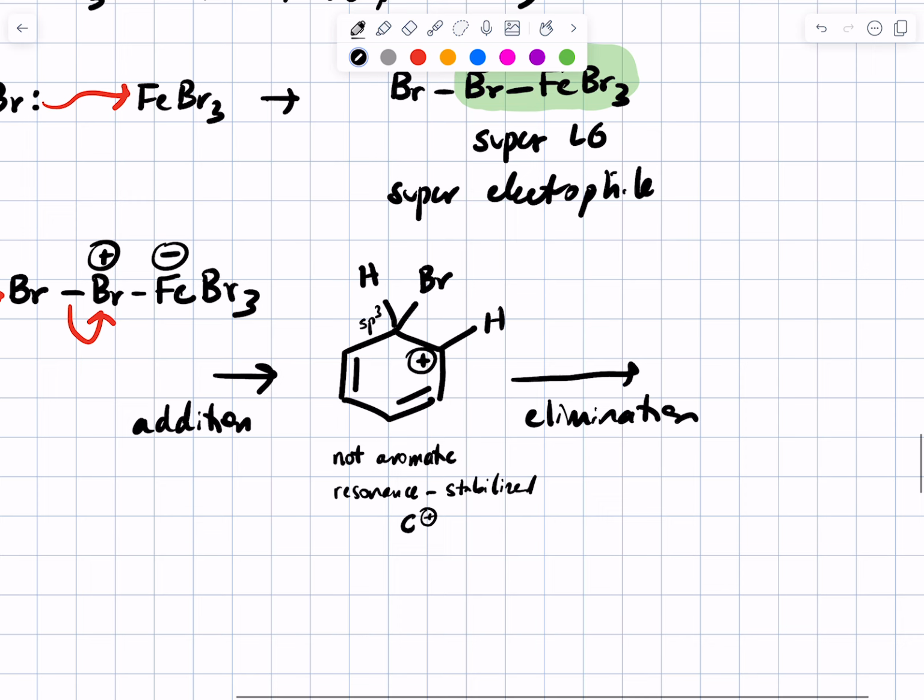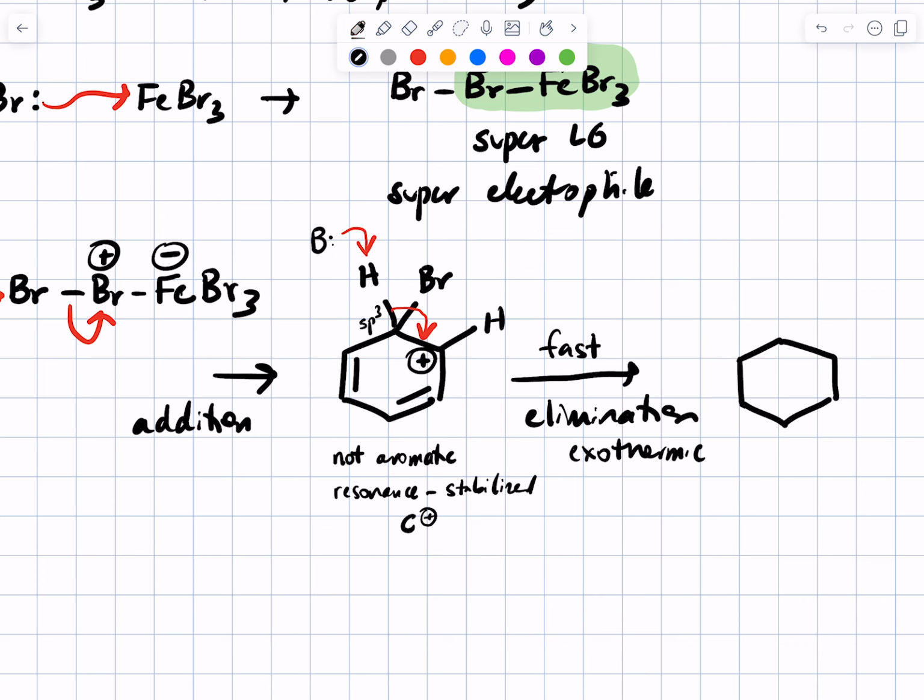And in fact, the elimination reaction here is super fast because it's super exothermic, it's super downhill. It doesn't take a very strong base to do this, it's probably Br minus that does this, but we won't even worry about what the base is because it doesn't need to be very strong at all. We'll remove that proton, electrons will kick down and form a pi bond, and then restore aromaticity.